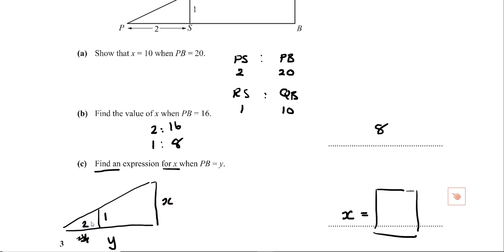So y, and then 2 to y would be 1 to x. But we actually need an expression now, a calculation. What do we do? x equals half y. So half of y. So we'd write y over 2.